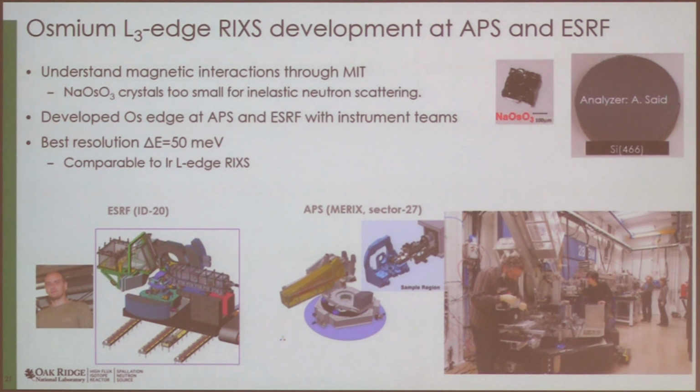So there's an iridium edge, but you have to develop different analyzers, slightly modifying the instrument setup to measure at each of the different edges. So we worked with the instrument teams, both at the APS and the ESRF, to develop this for osmium, and we came up with a resolution of around 50 meV, which is freely available to all users. This is comparable to the iridium L edge.